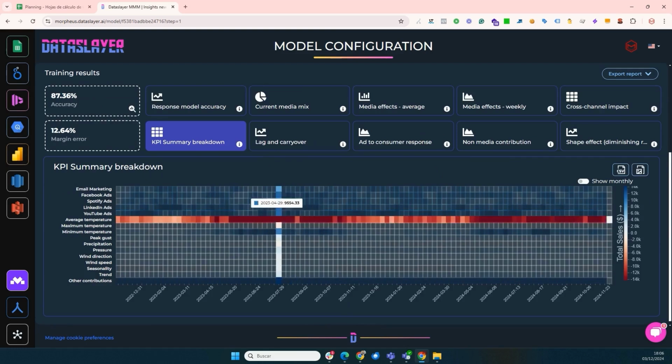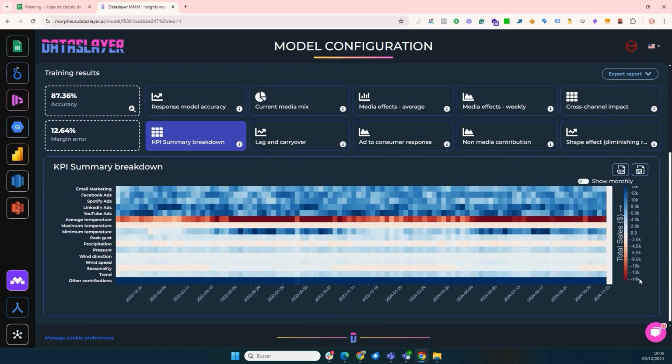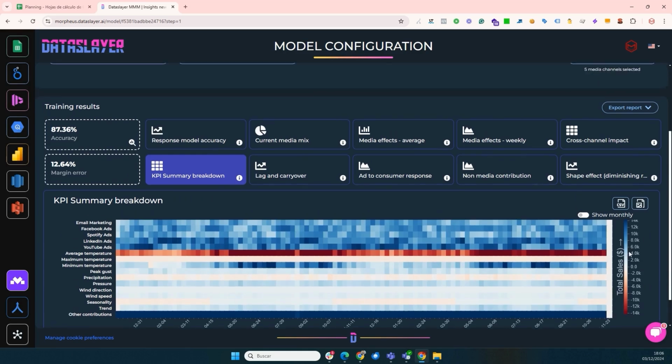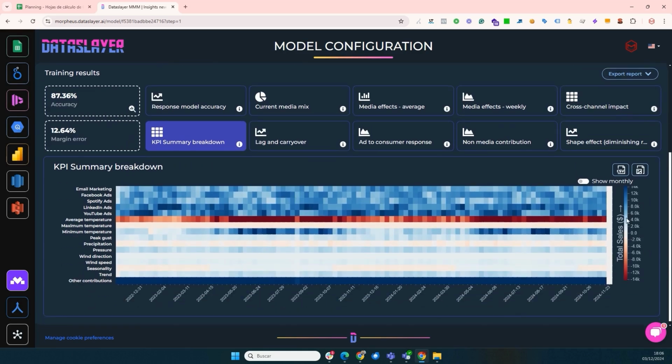We're continuing with the KPI summary breakdown. Here we have a total indicator of sales, ranging from 14,000 to 14,000, marked from red to blue, and we can see how it influences us. So in this case, with blue being the maximum value and red the minimum value, as you can clearly observe, we see that the average temperature has had a significant negative impact, right?